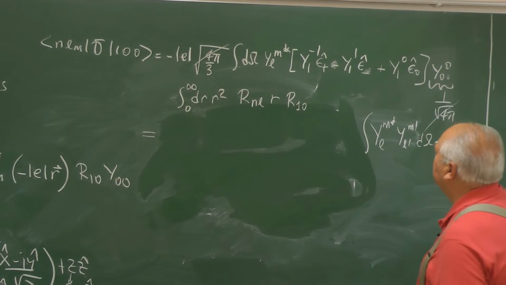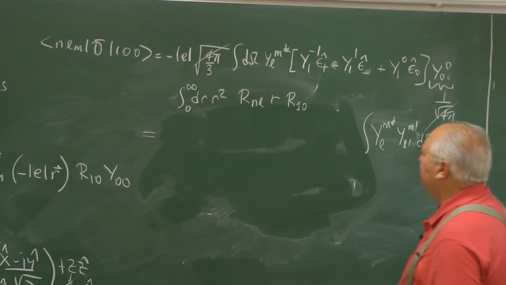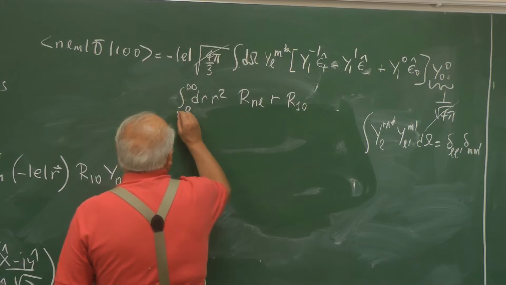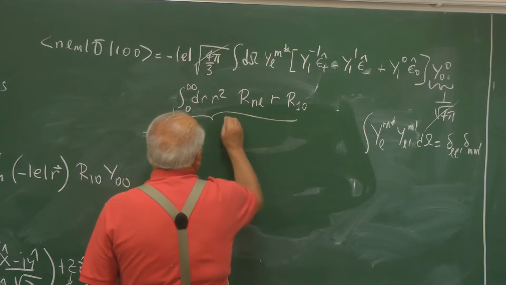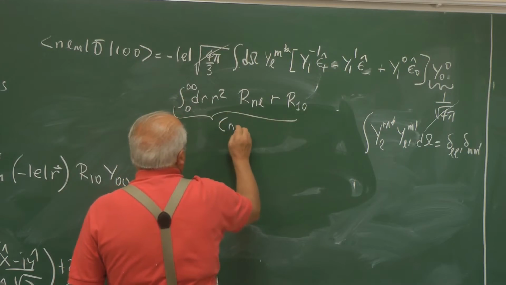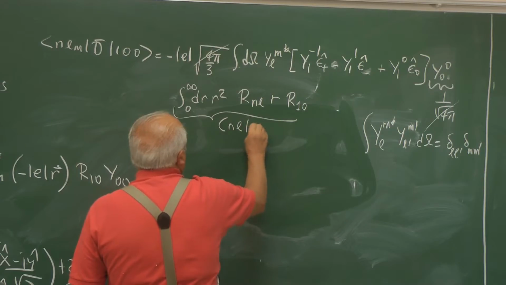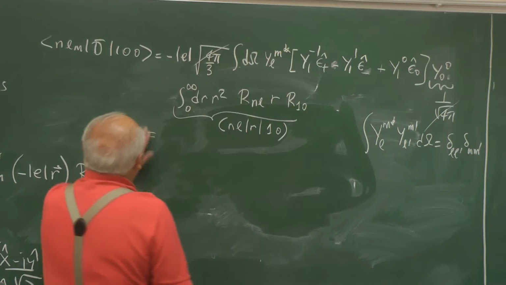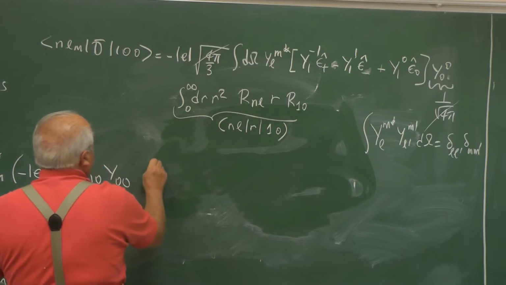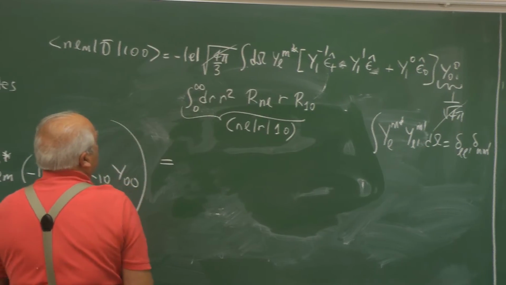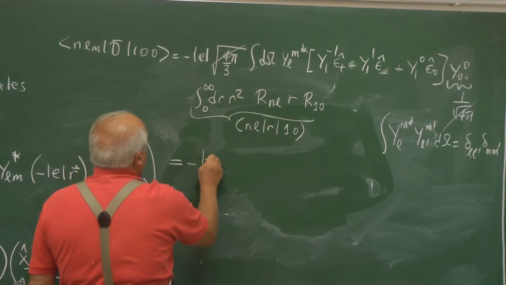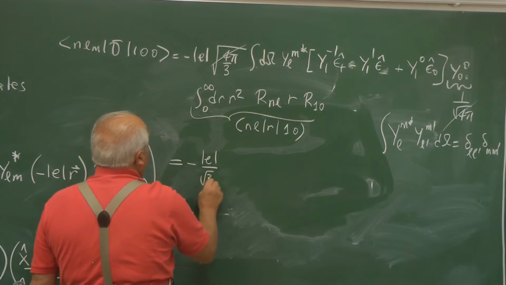Therefore, we can do the angle integrals very fast. And let us, for short, denote this by a shorthand notation, R n l 1 0. So the result of this integration is minus e over root 3.